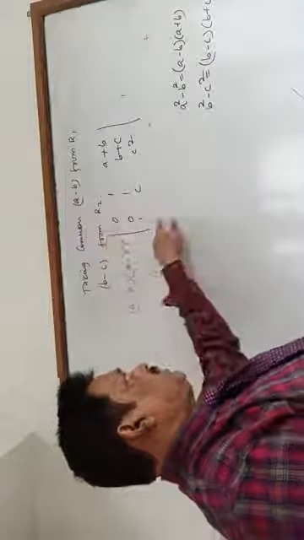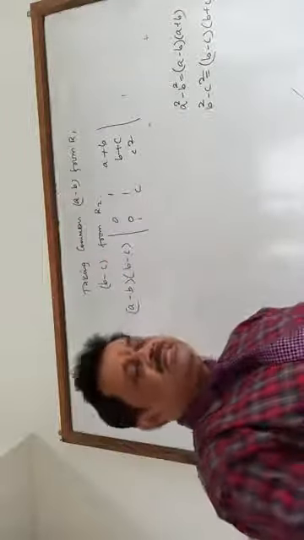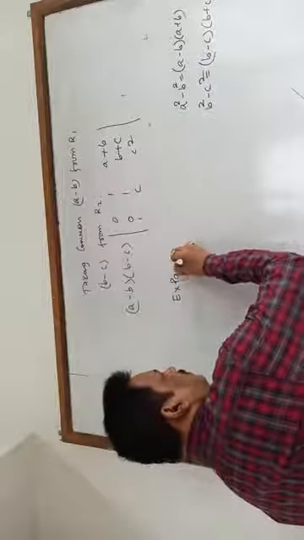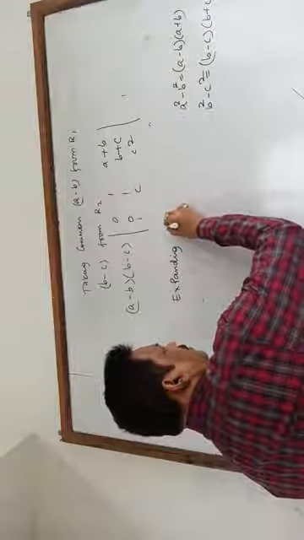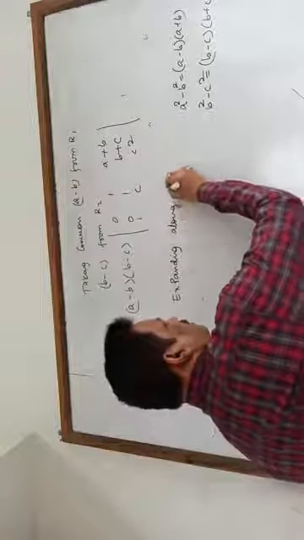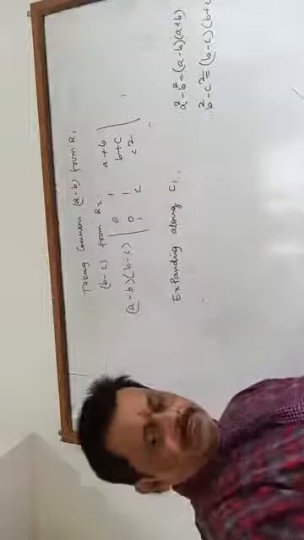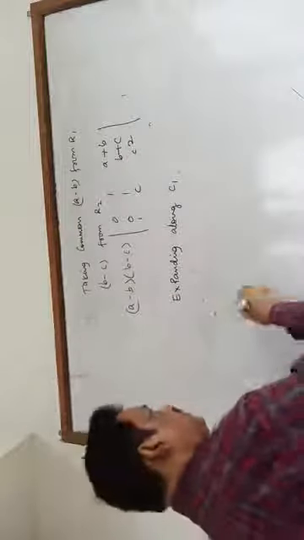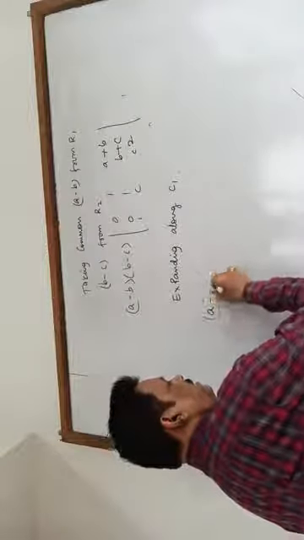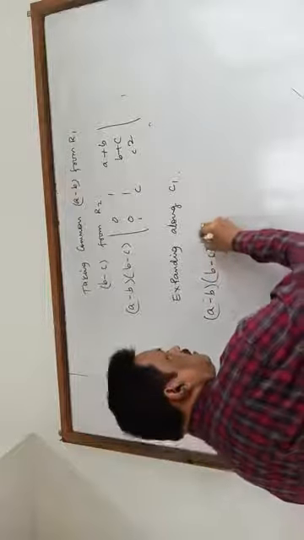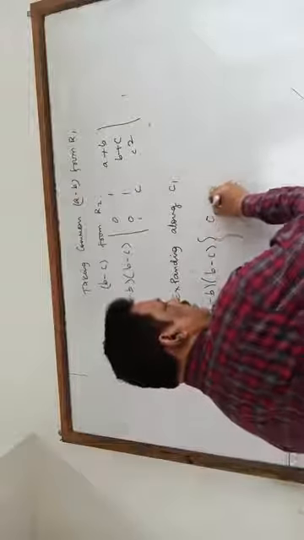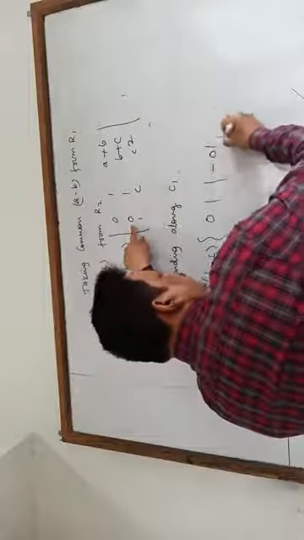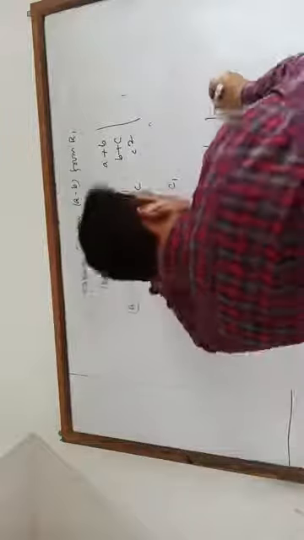Okay, look at it. Once you get two zeros, then you can evaluate. It will be easy for us. Expanding along column 1, that will be (a minus b)(b minus c) times: 0, its minor carries plus; minus 0, its minor; plus 1.